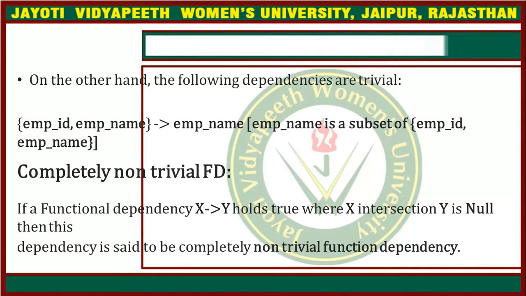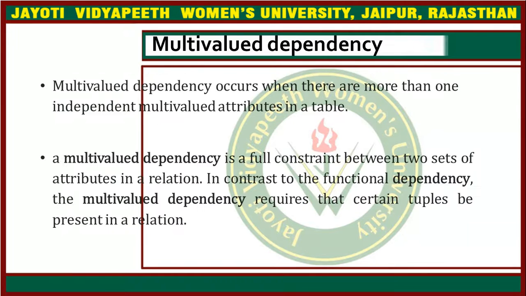Now, the completely non-trivial functional dependency. In this, if a functional dependency that is X tends to Y holds true, where X intersection Y is null, then this dependency is said to be completely non-trivial functional dependency. Now the next one is the multi-valued dependencies.